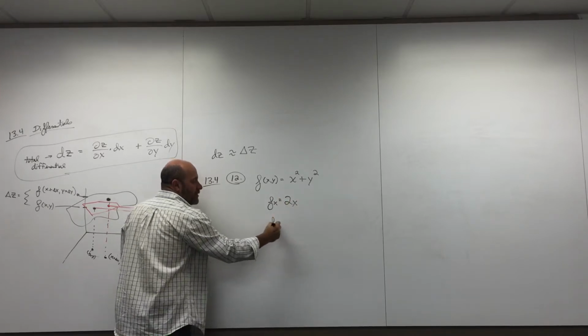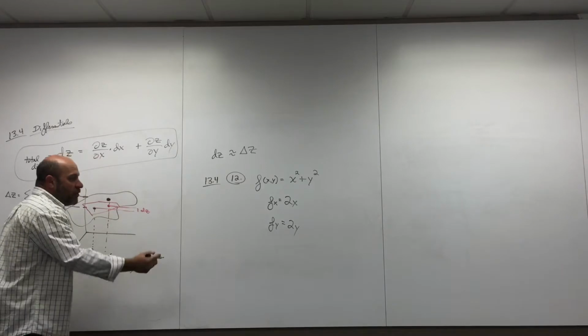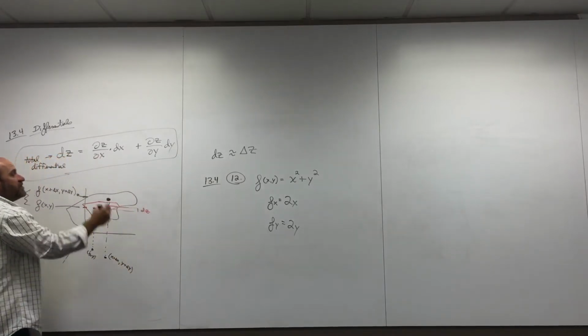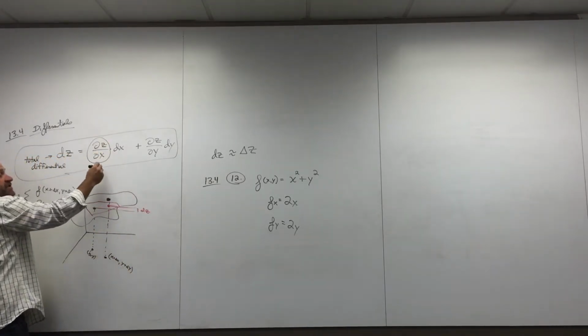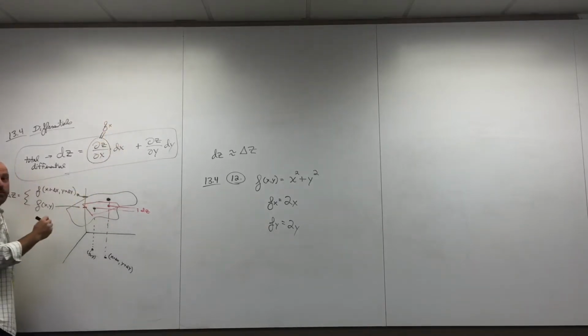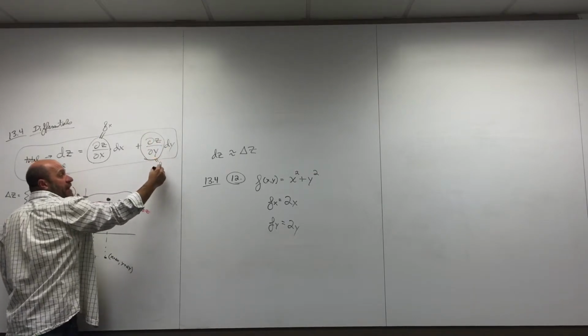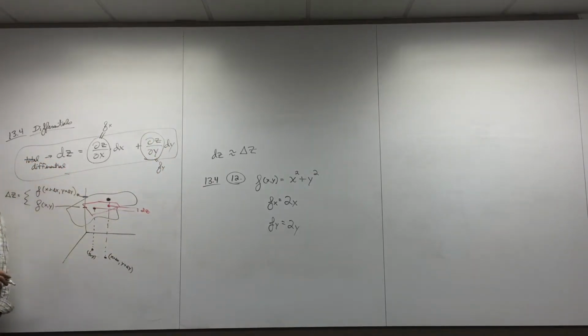And the partial derivative with respect to y? 2y. By the way, I hope you understand my notation. This dz dx is just another way of writing what I wrote over there, f partial with respect to x, right? dz dy is just another way of writing f partial, subscript y. That's what that notation means, partial derivative.